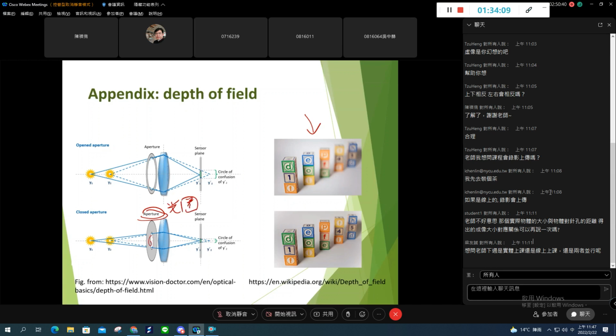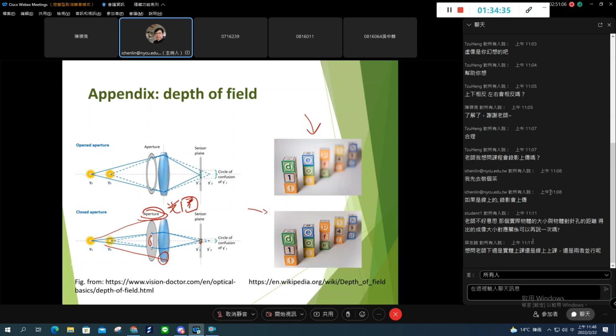Whenever we shrink our aperture, we can reduce a lot of the rays to the border of the lens here, and through this idea, we can reduce the spread sphere. Okay, so we can make our images slightly clearer.